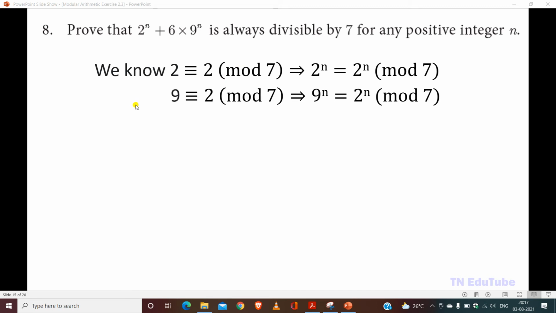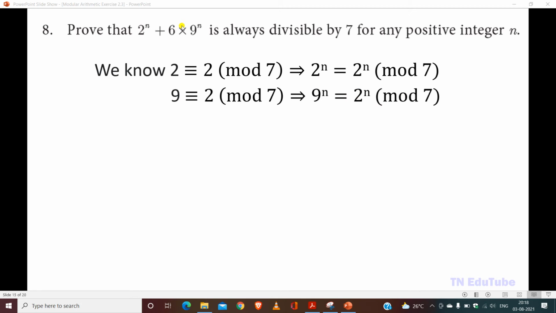Then similarly 9 is congruent to 2 mod 7, because when you divide 9 by 7, you get remainder 2. So 9 is congruent to 2 mod 7. Here also you have to write the equation n times and multiply. You get 9 power n is congruent to 2 power n mod 7.